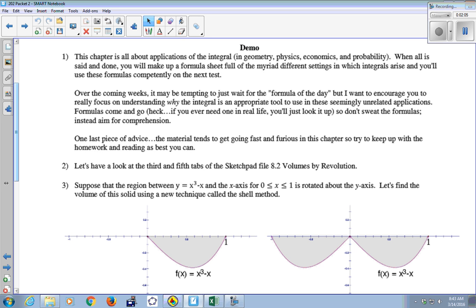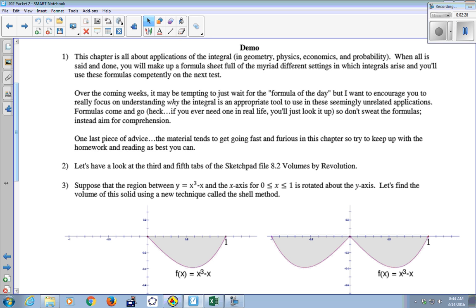Over the coming weeks, it's going to be tempting to just wait for me to finish the lesson and wait for the formula of the day. But I want to encourage you to really focus on understanding why the integral is an appropriate tool in all of these seemingly unrelated applications. Formulas will always come and go, and you can always just look one up if you need one. So don't sweat the formulas.